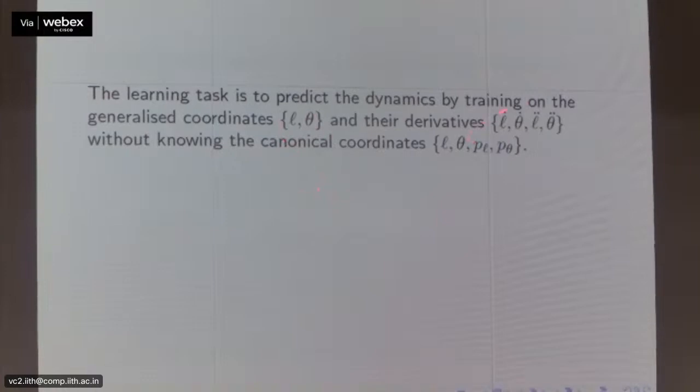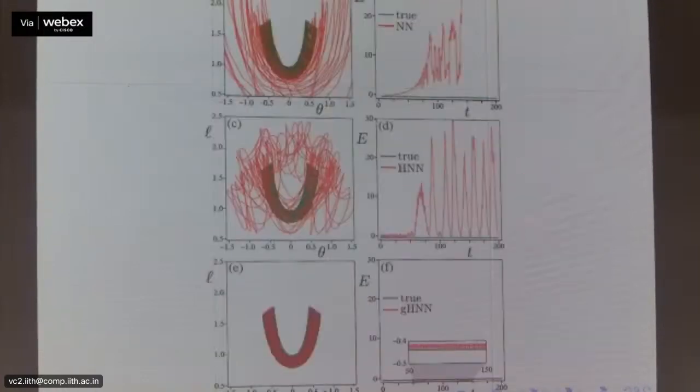So L and theta, and we asked it to find the canonical ones. Here is the elastic pendulum, true. And then the baseline does badly. The Hamiltonian network also does badly. See how well this enhanced box does. Okay. So it has managed to find that layer which has guessed the canonical coordinates.